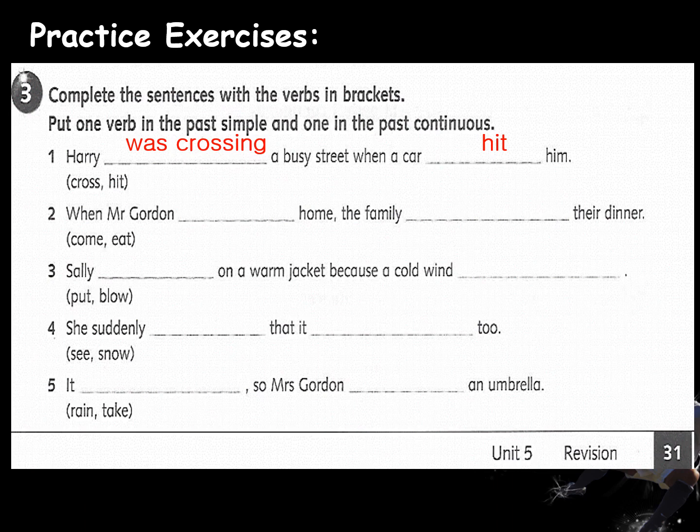Which means to say that the past continuous was Harry crossing a busy street. So this is a continuous action. While this was happening, another past action happened, which is Harry was hit by a car.